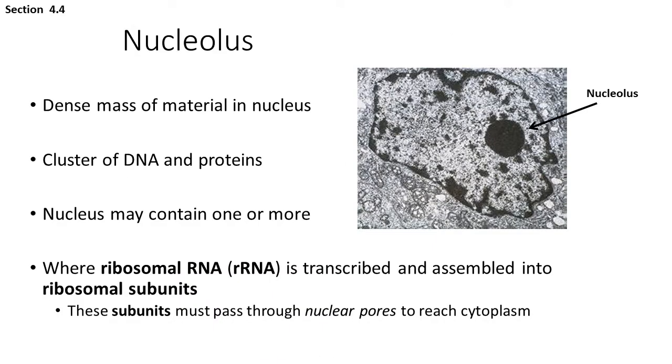The nucleolus is this dense mass of material in the nucleus, and it is a cluster of DNA and proteins. The nucleus may have more than one of these nucleoli, where the ribosomal RNA is transcribed and assembled into ribosomal subunits.